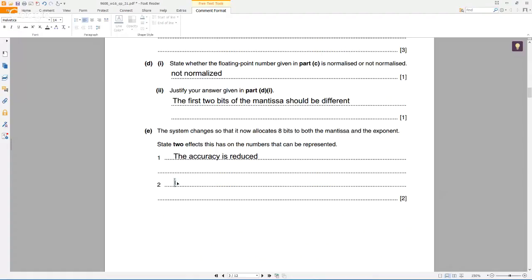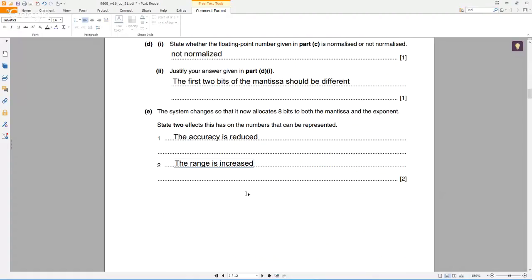So the range is increased, but there's less accuracy. Basically, your points are spread across a bigger range. So this means that you have less accuracy to represent numbers that are very close together. So the range is increased. Okay.